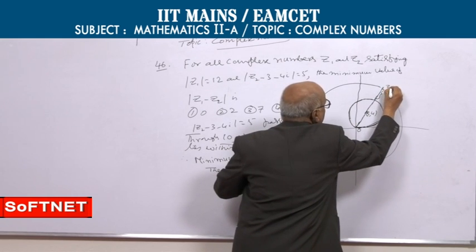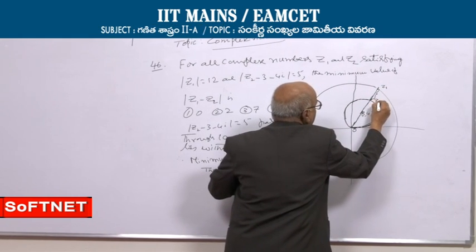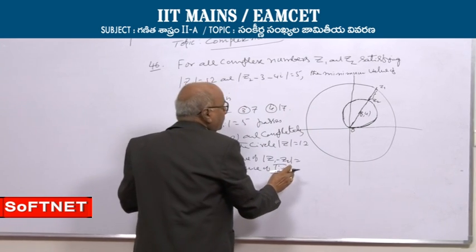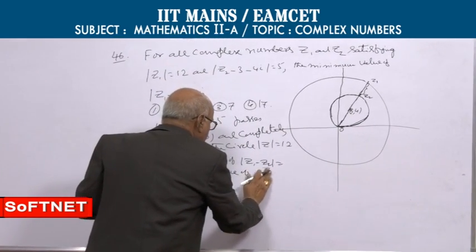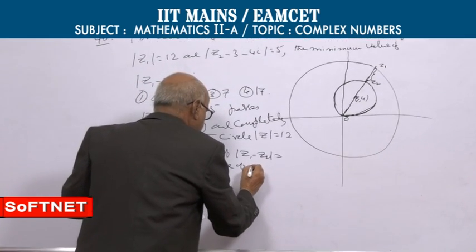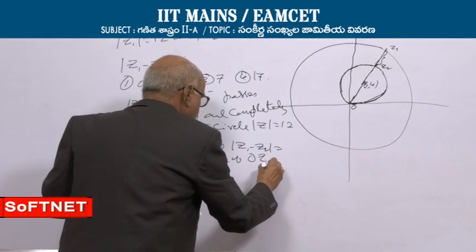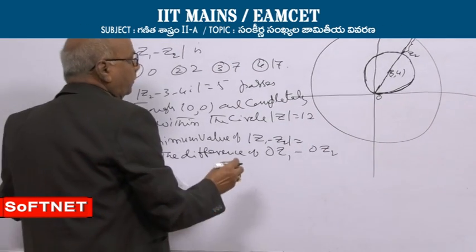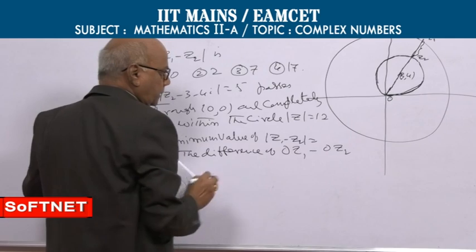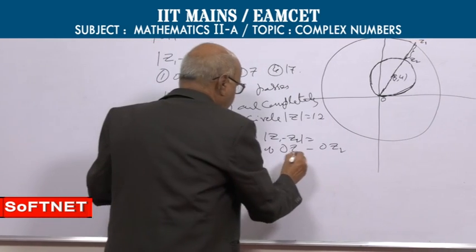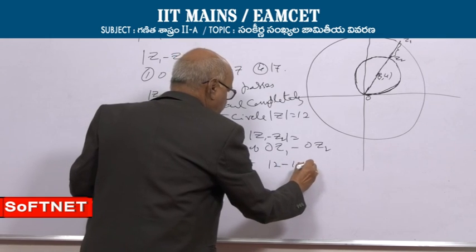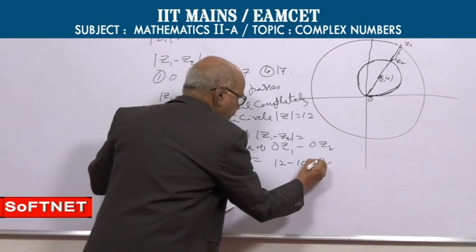When this is Z1 and this point is Z2, the difference of OZ1 minus OZ2, of course Z1 represents the point, Z2 represents the point, so that is nothing but 12 minus 10, which is equal to 2.